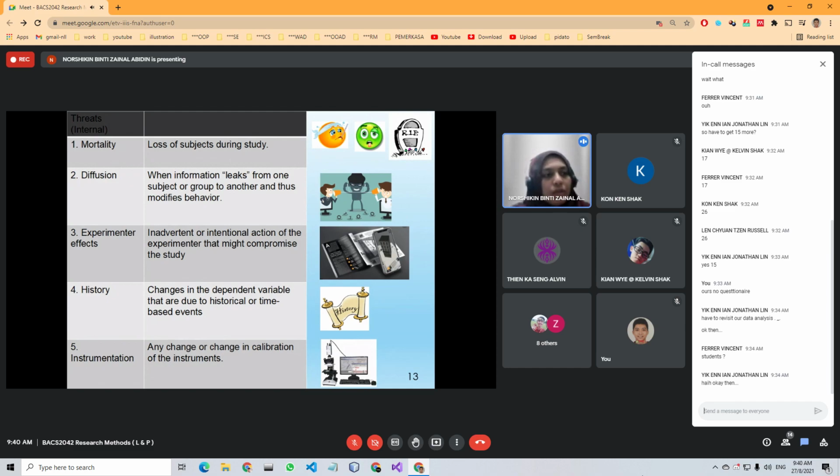If your research includes the commuters of transport in KK, the subject is your commuters. If your assignment is on COVID-19, I don't remember the exact title, but the subject is the people. So, loss of subjects during the study.